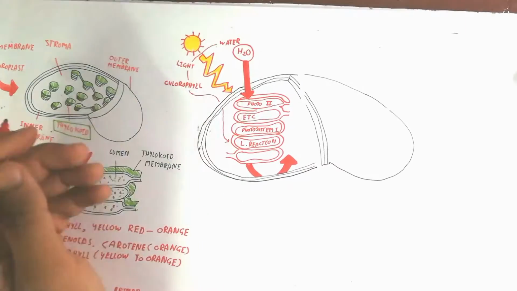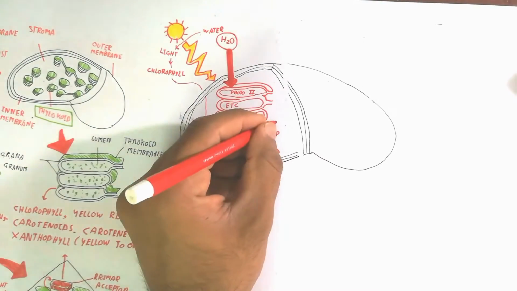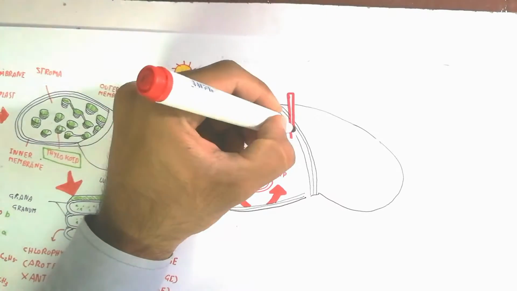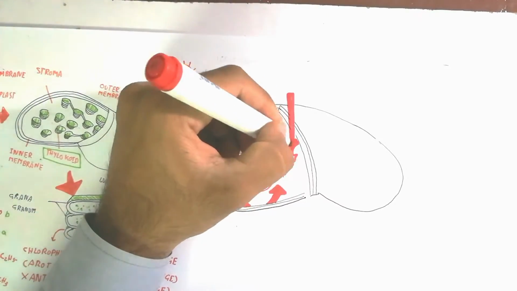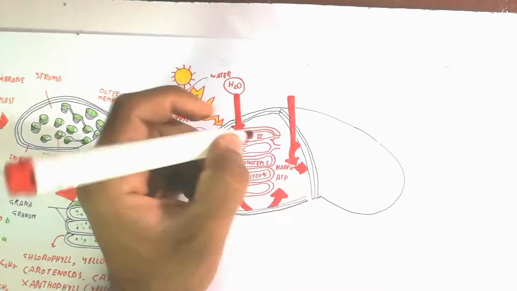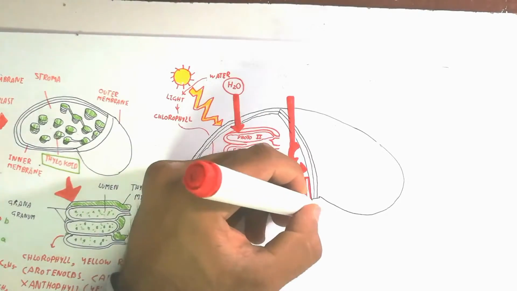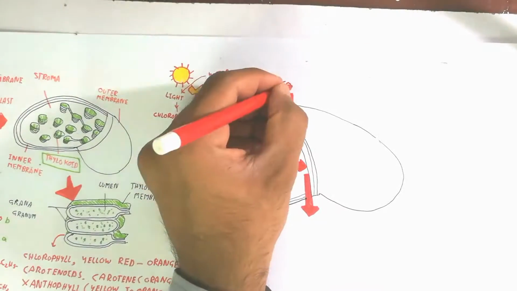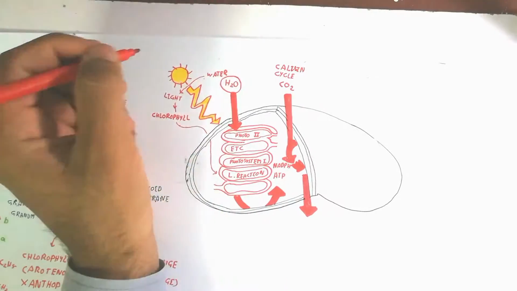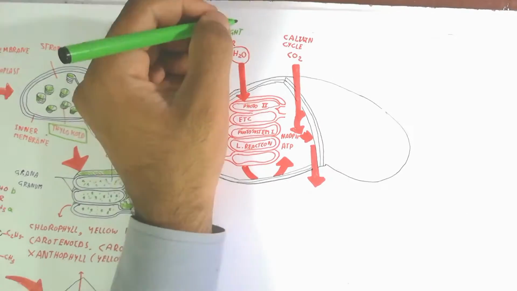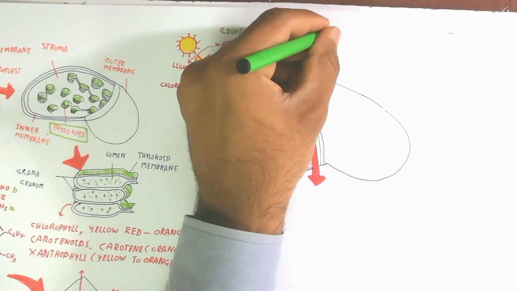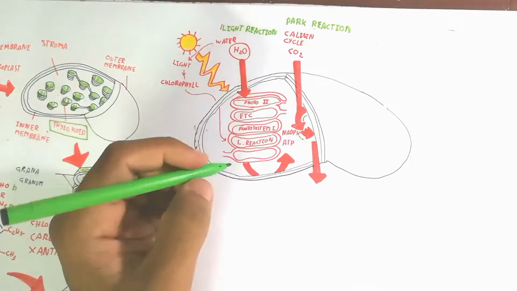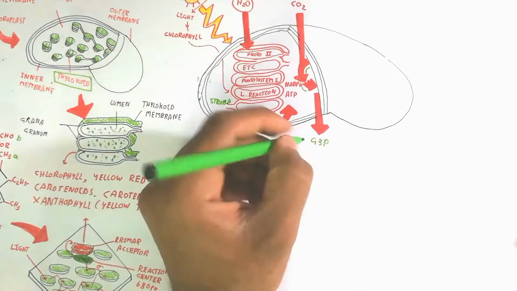The light reaction will give energy in the form of ATP and NADPH. ATP and NADPH will enter the Calvin cycle, which is known as the dark reaction. The dark reaction uses the NADPH and ATP.